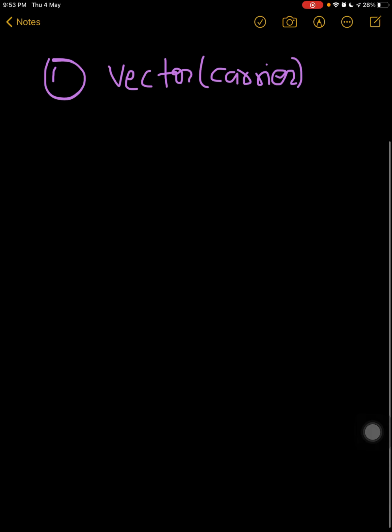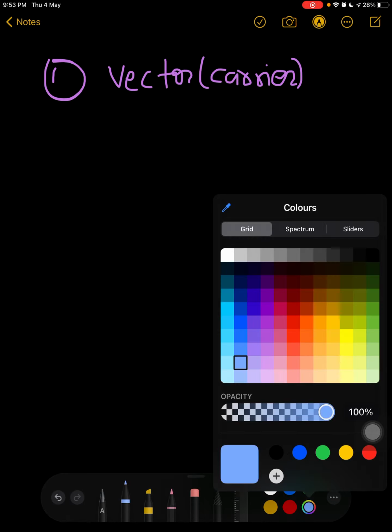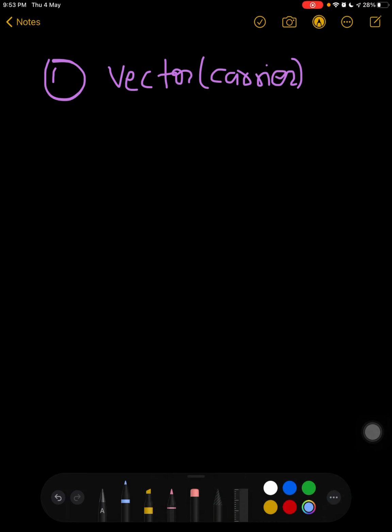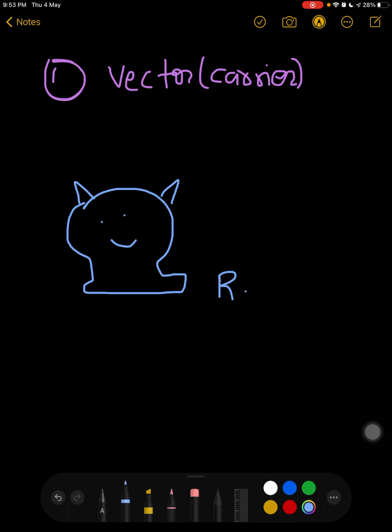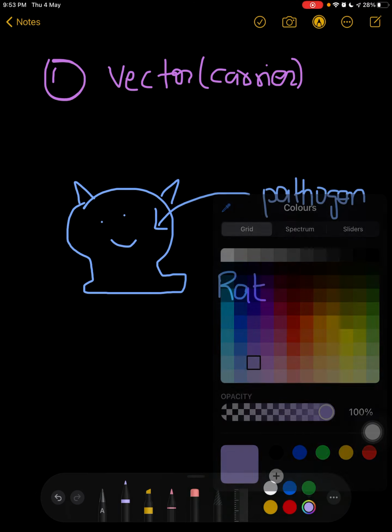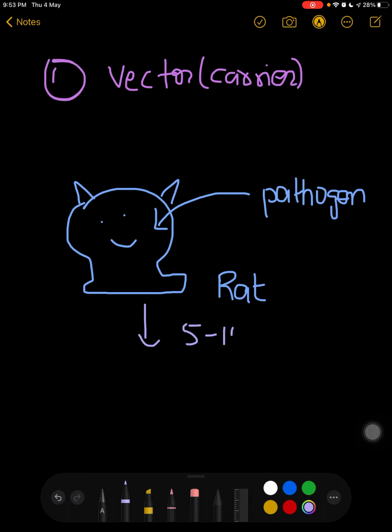Consider that we have taken a rat as the vector, and I have added a pathogen in the rat. After some days, obviously after 5 to 10 days, this rat will die due to the pathogen.